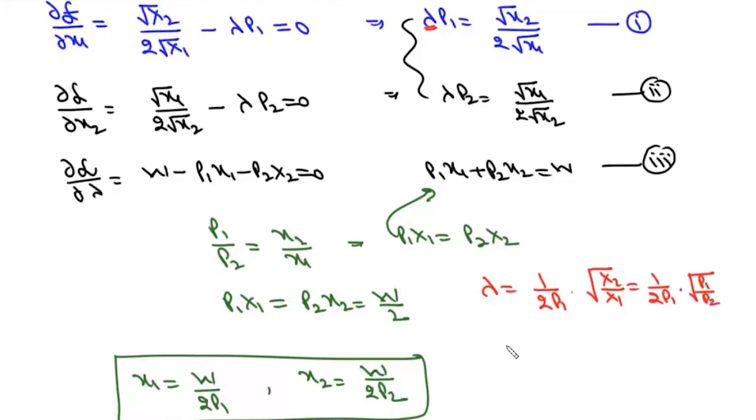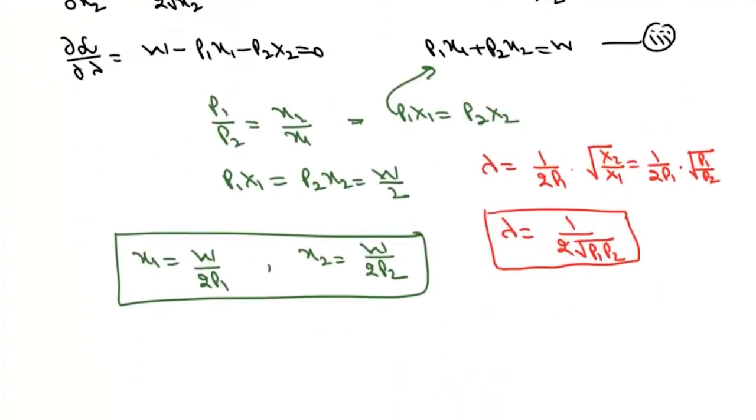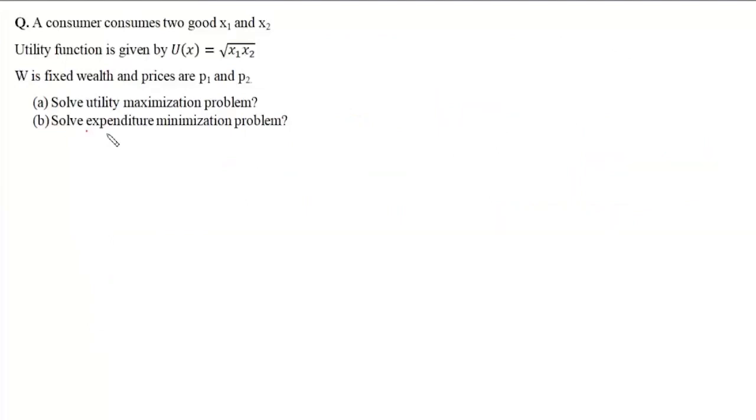So the value of the Lagrange multiplier will be 1 upon 2 square root of p1 p2. So for this utility function, utility will be maximized if we consider these quantities x1 and x2.